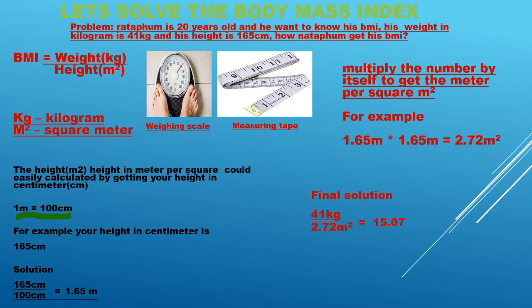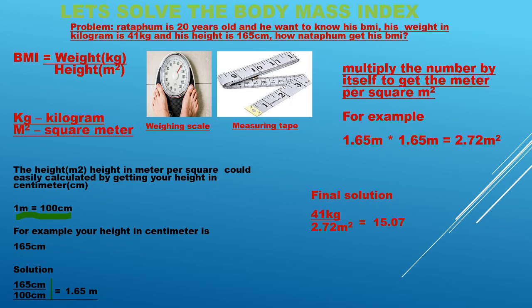For example, your height in centimeters is 165 centimeters. The solution is to divide 165 centimeters by 100 so that you can get your height in meters.